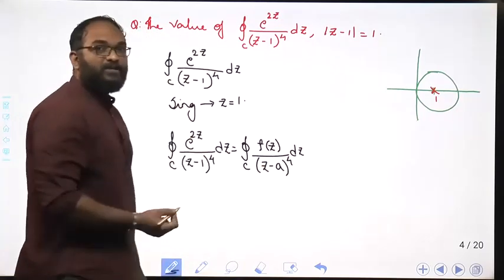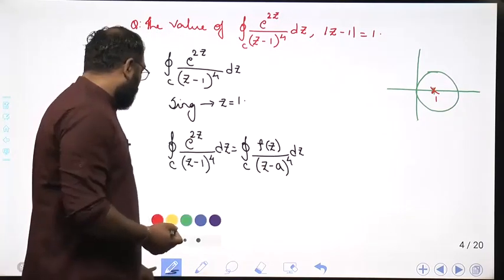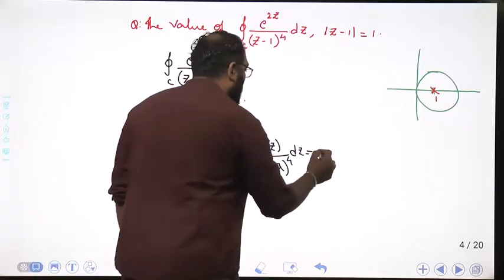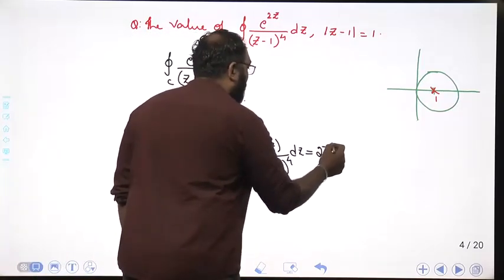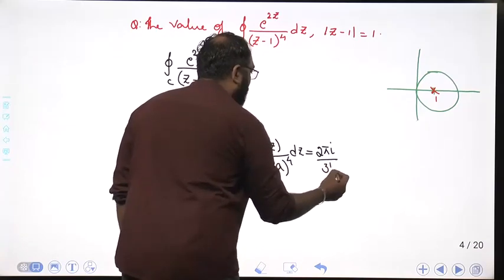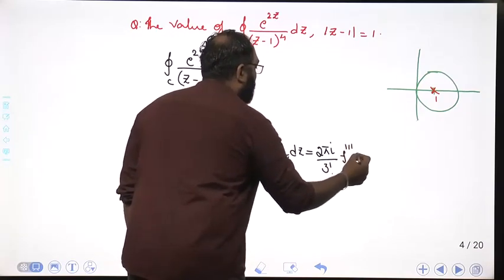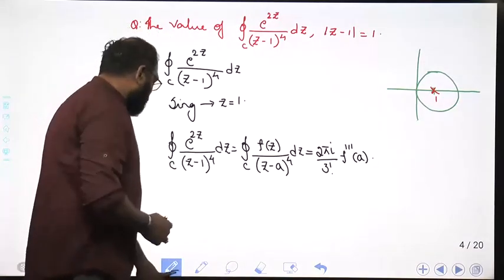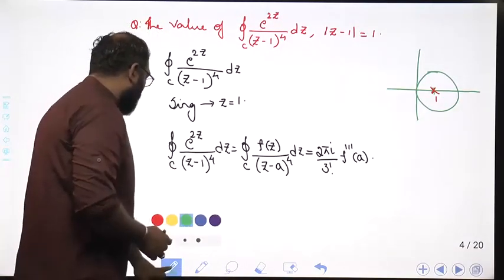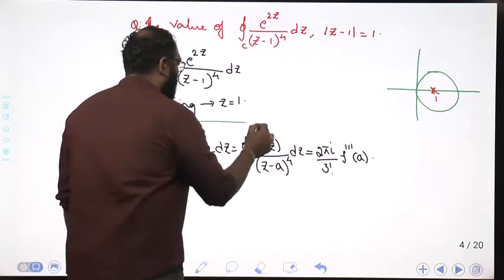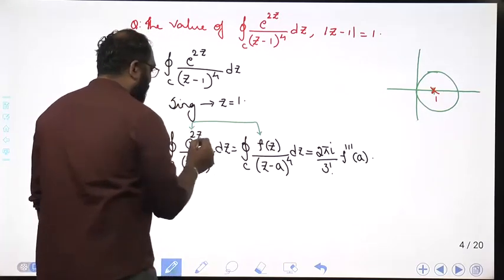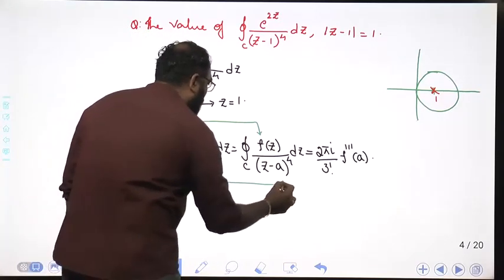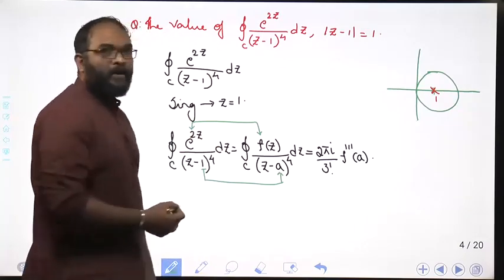And this value is given by, according to the derivative of Cauchy integral formula, 2 pi I by 3 factorial into f triple dash of a. Yes, clear? So then compare these two. Now what is the value of f of z? So f of z is e to the power 2z and the value of a is how much? The value of a is 1, right?